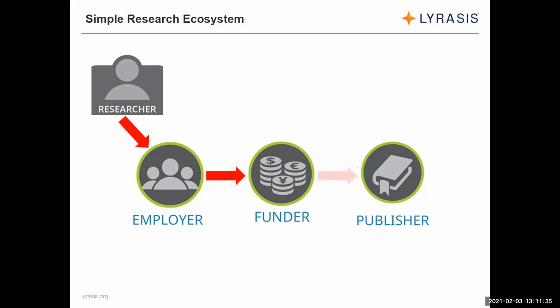They do that research and then they publish the results. And then they typically have to report on their activities to their employer and also report back to the organization that provided the funding. And while this diagram is very simplistic, as more and more researchers work with more and more organizations, it can get very complex.